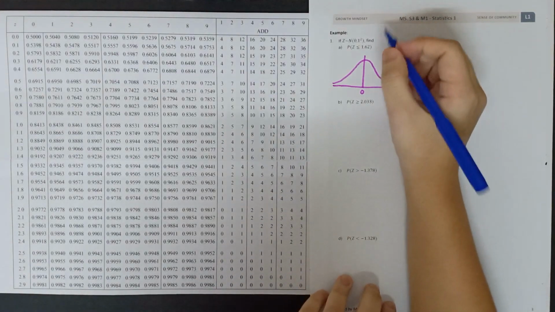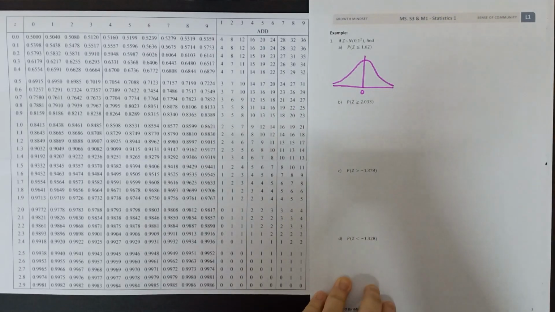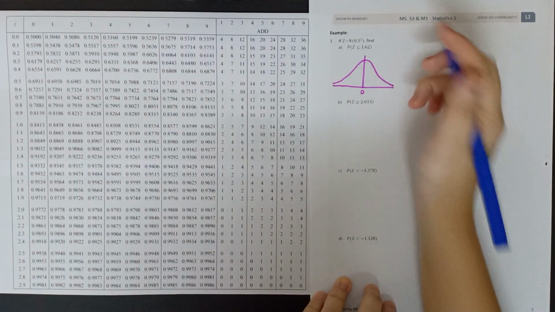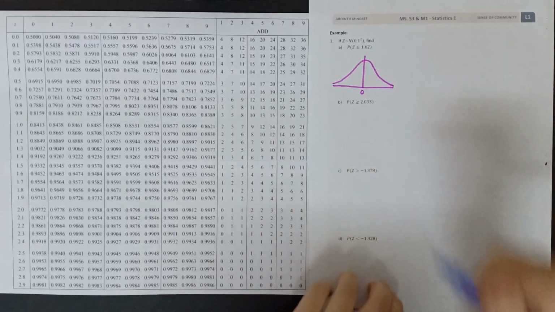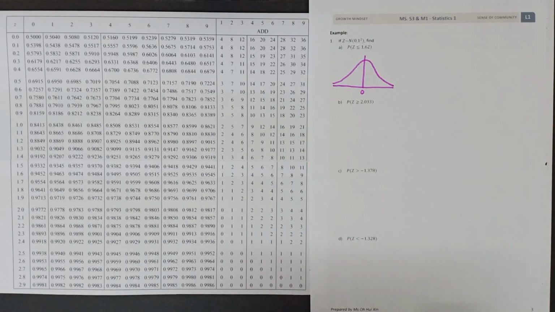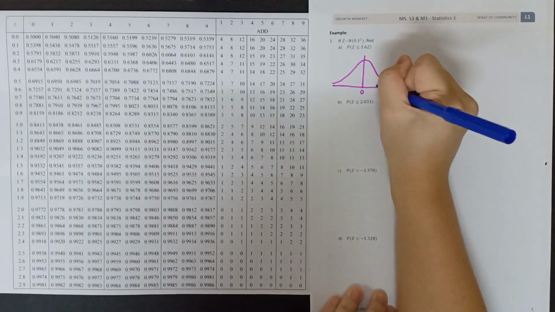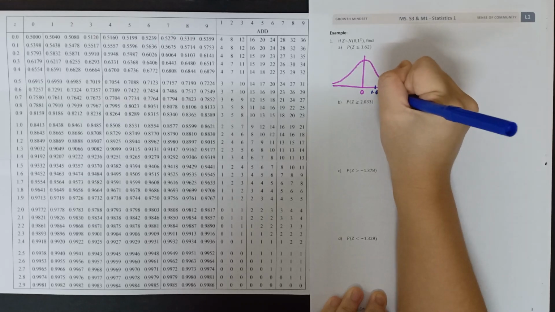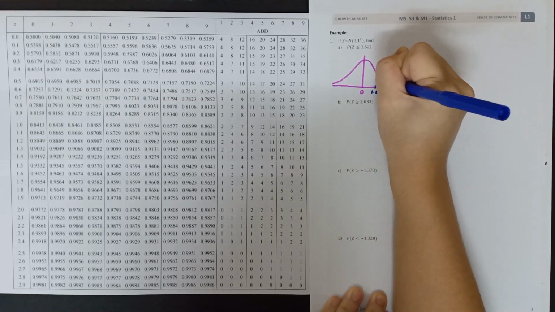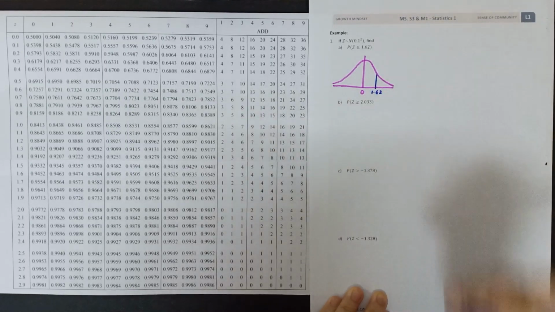So you can draw anywhere, it's totally fine. You don't need to use your ruler to measure. Just draw anything, but it must be on the correct side. Meaning 1.62, you cannot draw on your left hand side, okay? So I'm going to draw like this, or you just draw a line, it's okay.